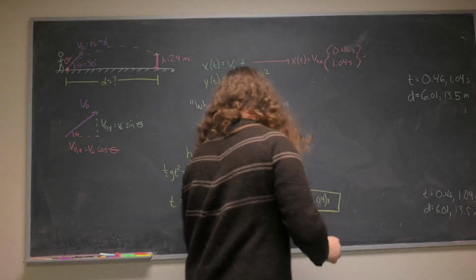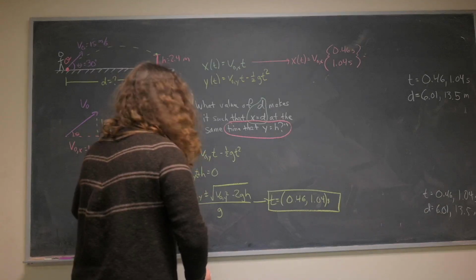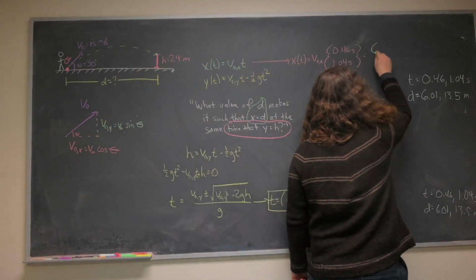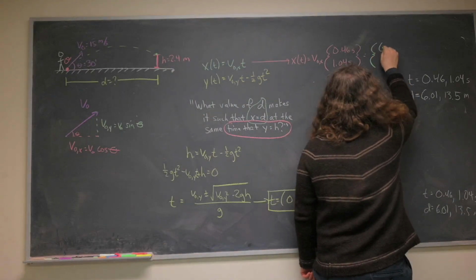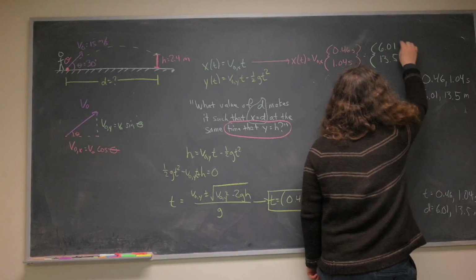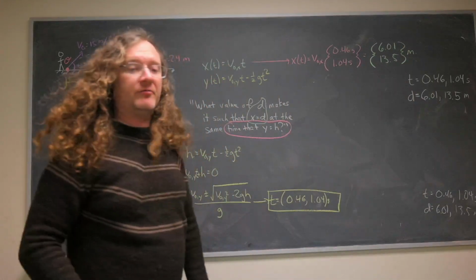And this gives us, and again, I've calculated this in advance, so I'm not tapping on my calculator during the video, this gives me a distance of 6.01 or 13.5 meters.